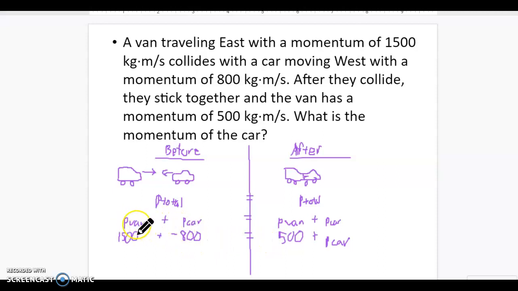So now with the numbers, we're just going to take these numbers, and it's like an equation. Here's the equal sign, and we're going to combine these together. 1,500 plus negative 800, we end up with 700. Equals 500 plus the momentum of the car.